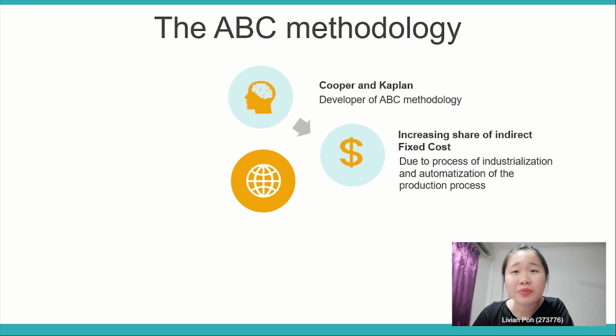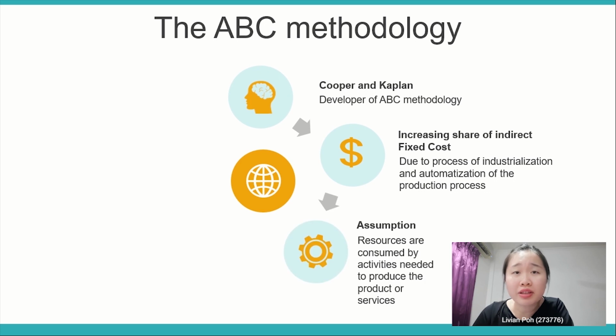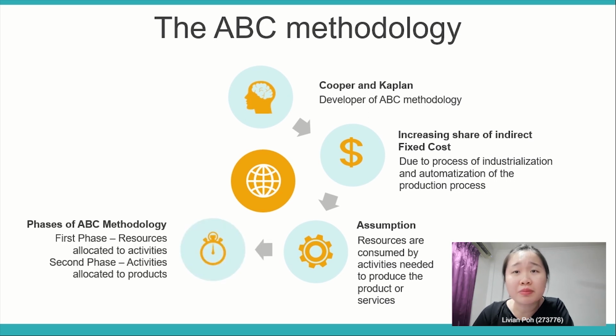In this system, it is assumed that resources are consumed by the activities needed to produce the product or services. The first phase allocates resources to the activities, while in the second phase, the activities are allocated to the product.